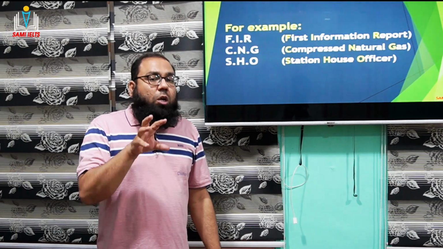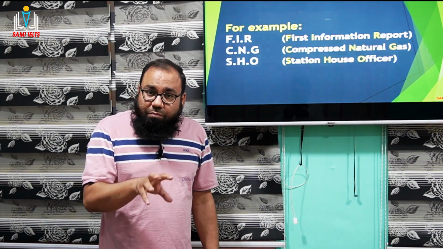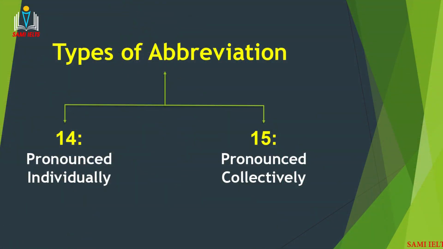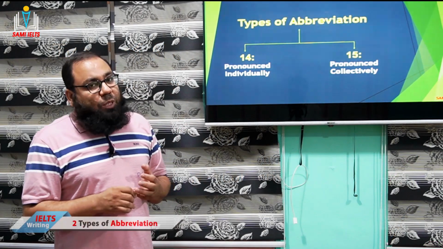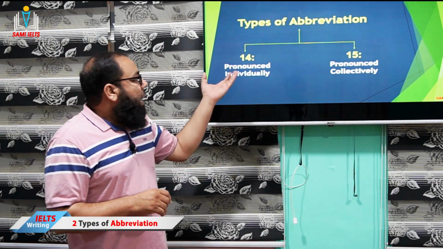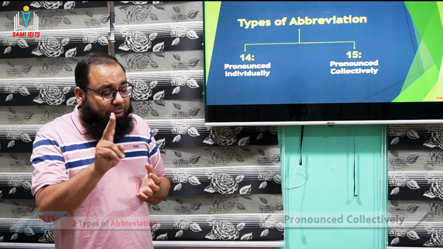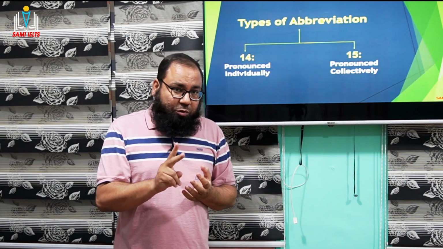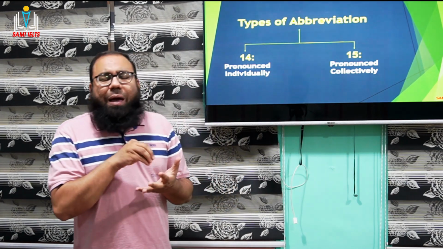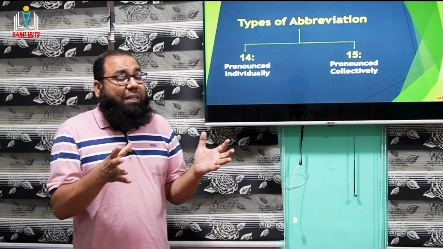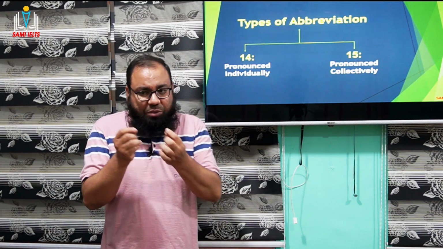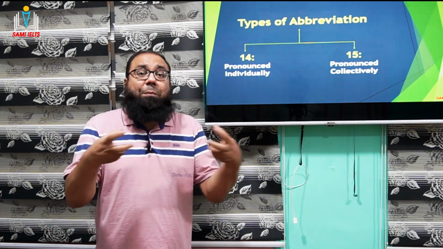Now rule number 14, that is abbreviation. Remember, students, we have two types of abbreviation: pronounced individually and pronounced collectively. Some abbreviations are pronounced individually, which means we pronounce each and every letter separately.